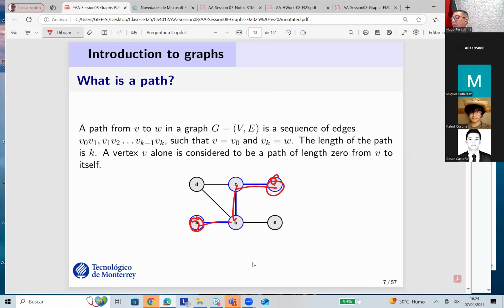Can I have different paths going from one node B to another node W? Of course I can. For example, here is another path that I can use. It depends on what you want: the shortest path, which is an algorithm for finding the distance between an origin and a destination.